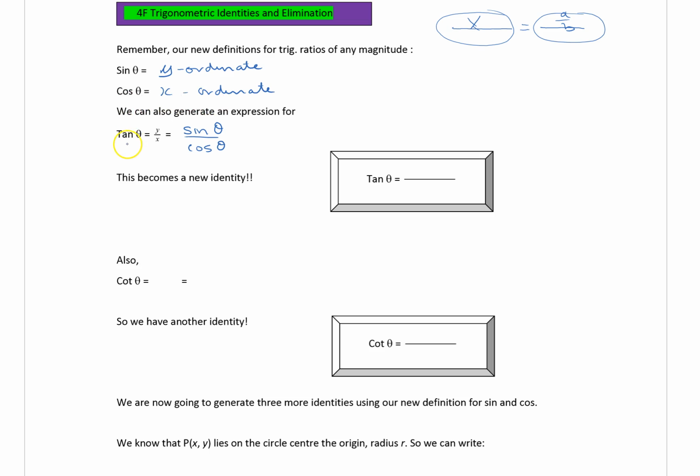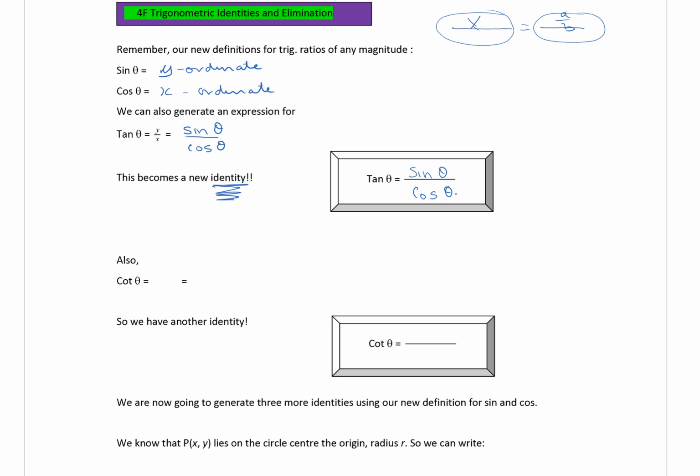We also found that tan of theta was y over x. Now we're taking that one step further. If tan of theta is y on x, it stands to reason, since y is sine theta and x is cos theta, that we can write a new identity in that tan theta is sine theta on cos theta.